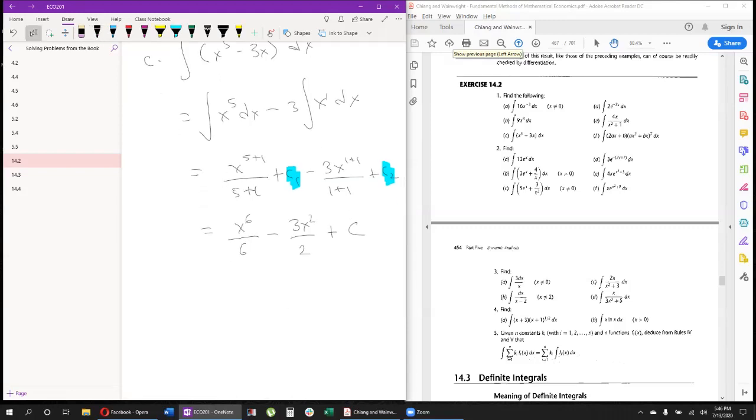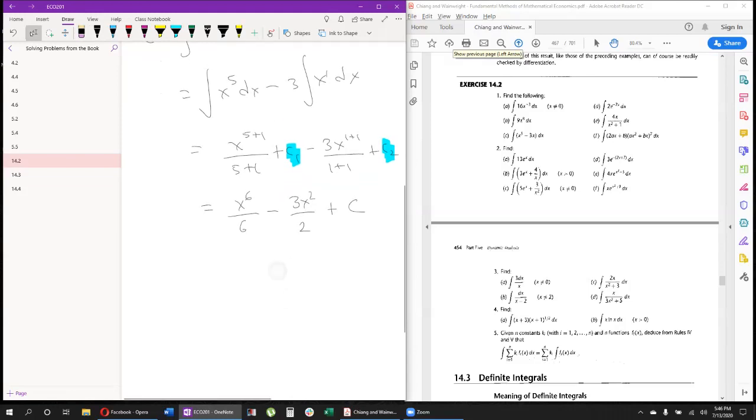You should try and solve the rest of the problems in part A. Here's one thing you should remember: we have not done the exponential and logarithm chapter. So whenever you come across a problem that has an e in it, this is known as the exponential.